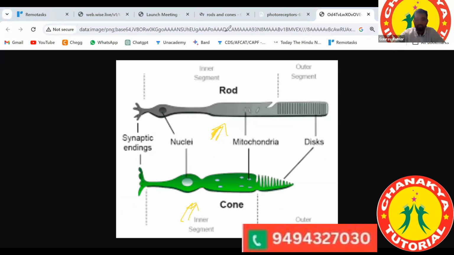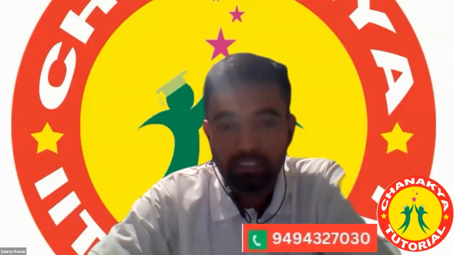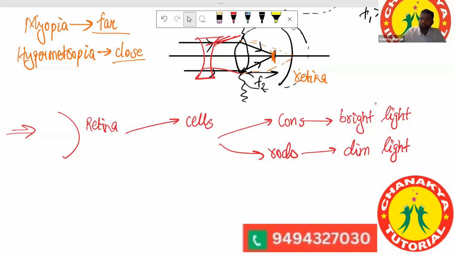As you guys have told me, cones are responsible for bright light. So any bright light which enters into the eye and falls on the retina is detected by cones, whereas all dim light, which is low light, is detected by rods.